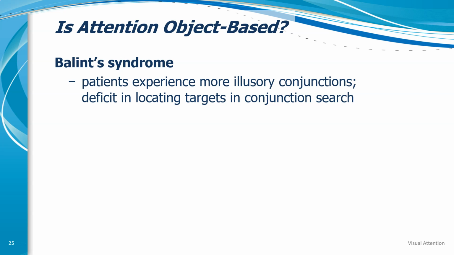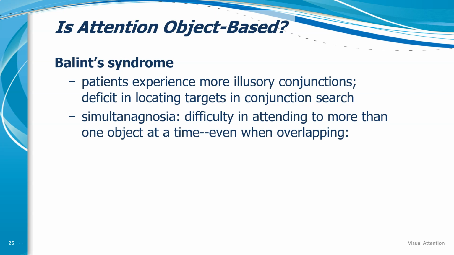Now, you might want to put an asterisk here and come back to this. I will be explaining what illusory conjunctions are. I promise I will be explaining what a conjunction search is. I'm trying to follow the structure and organization of the textbook, which means I'm going to be discussing what these things actually are towards the end of this lecture. Sorry, I know it's kind of mishmashed here.